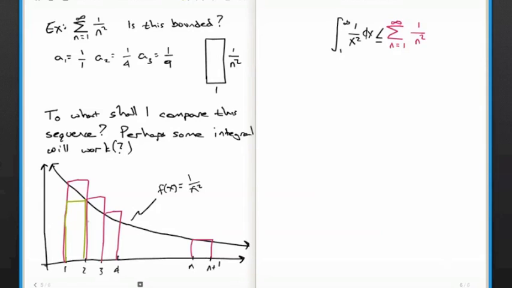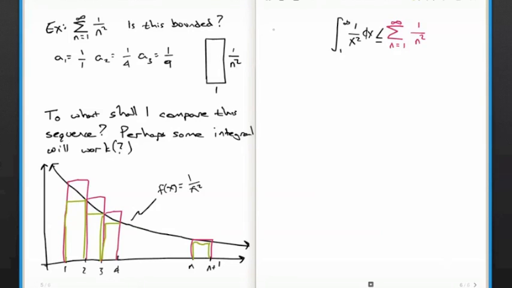Starting with 1 over 2 squared, and then multiply that by 1, and then the same deal. The next one would be 3, the next one would be 4, and the corresponding one out here would be all the way out to n plus 1. So I've got a smaller rectangle that goes there.